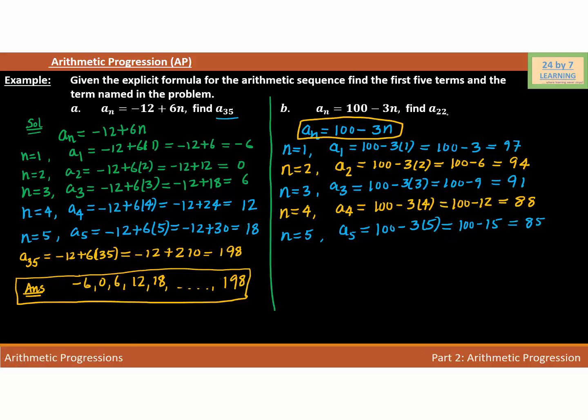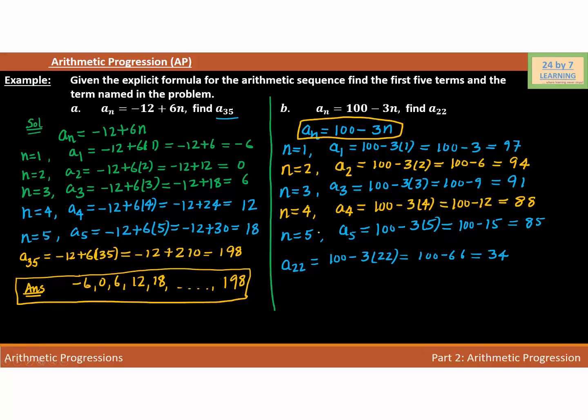Now it's time for us to find a22. a22 is 100 minus 3 times 22, because my n is now 22. 3 times 22 is 66, so 100 minus 66 is 34.